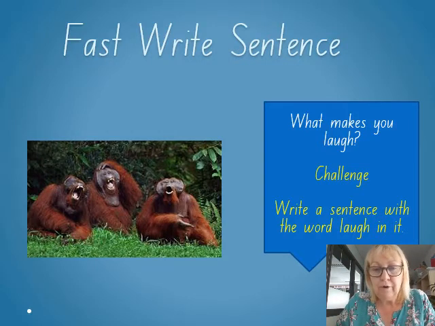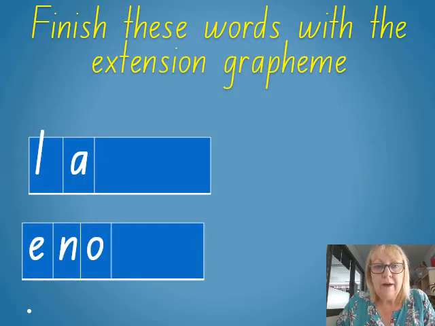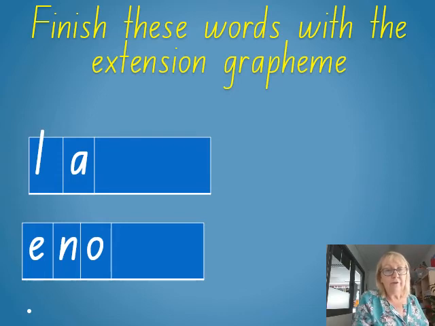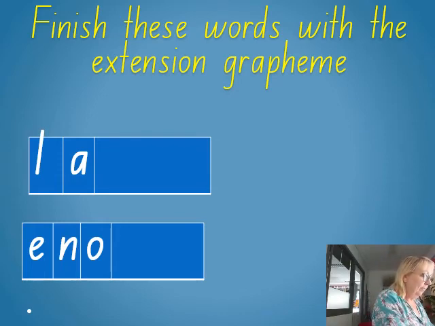Okay, let's move on. Here's the finish these words with the extension grapheme. So Mrs. A is going to get her whiteboard and she's going to do them at the same time. So I'm going to draw my two phoneme frames and then I'm going to do my words as well. And I'm going to add the extension grapheme. Let me see.